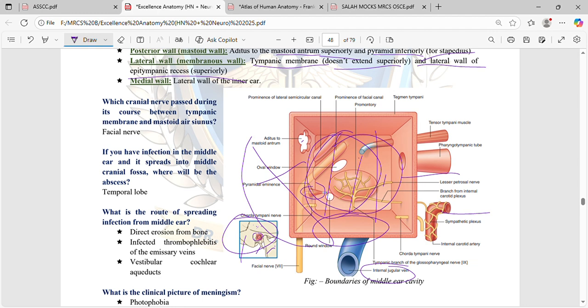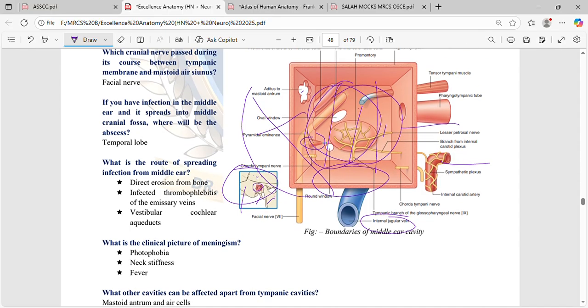Which cranial nerve passes during its course between the tympanic membrane and the mastoid air sinus? The facial nerve. If you have infection in the middle ear cavity that spreads into the middle cranial fossa, where will the abscess be? In the temporal lobe, an otogenic abscess. What are the routes of spreading infection from the middle ear?